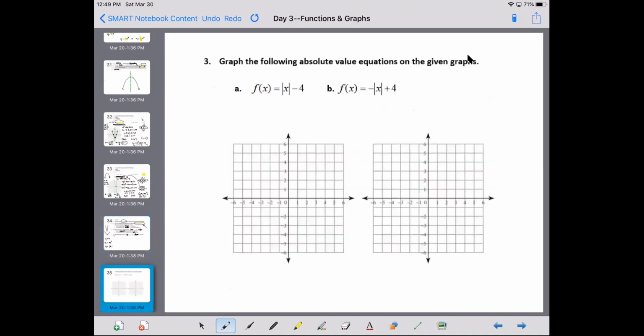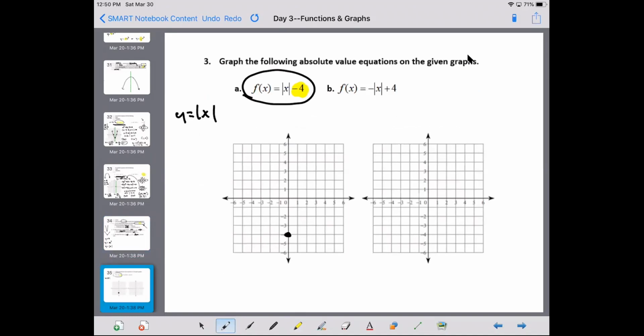So let's take a look at some of these here. We'll notice with the absolute value of x minus 4, it's going to be very similar to the parent function, but this -4 part of the C value is just going to drop it down 4 units from the origin.